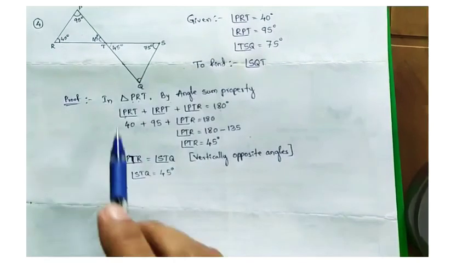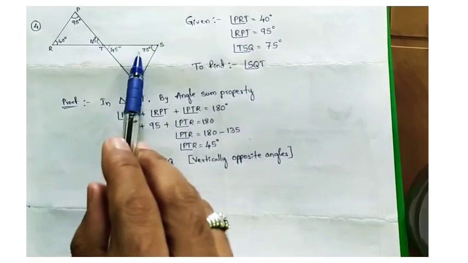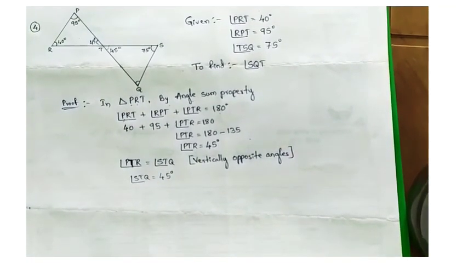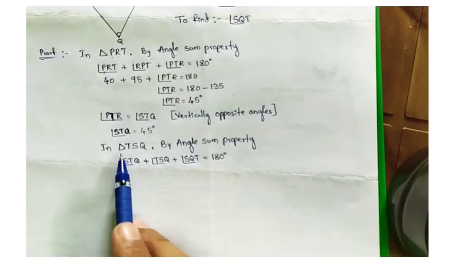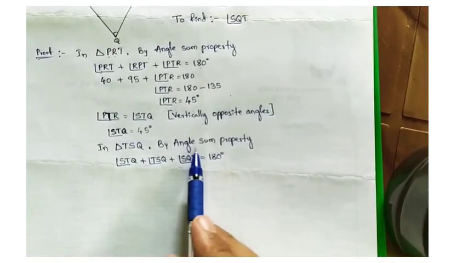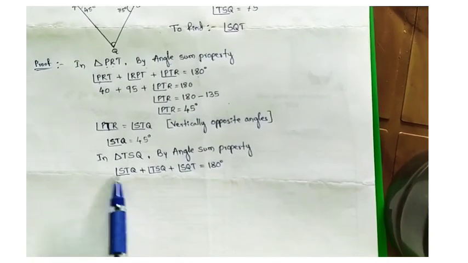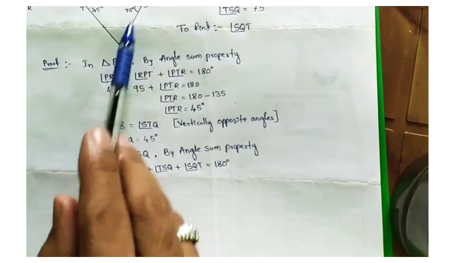Now consider the triangle TSQ. Here we got two angles. Now you find the third angle by using angle sum property. So in triangle TSQ, by angle sum property, so add all three angles STQ and TSQ.